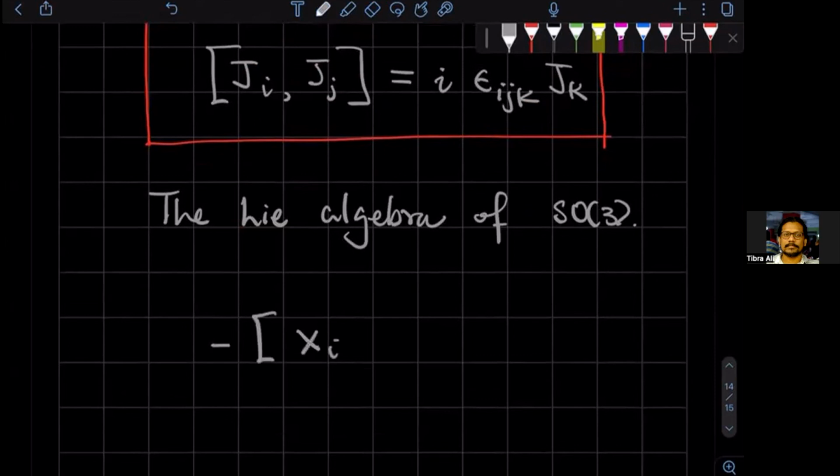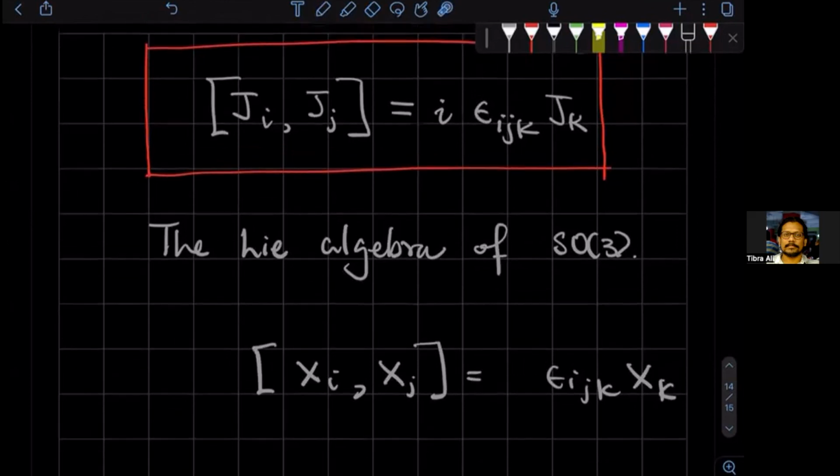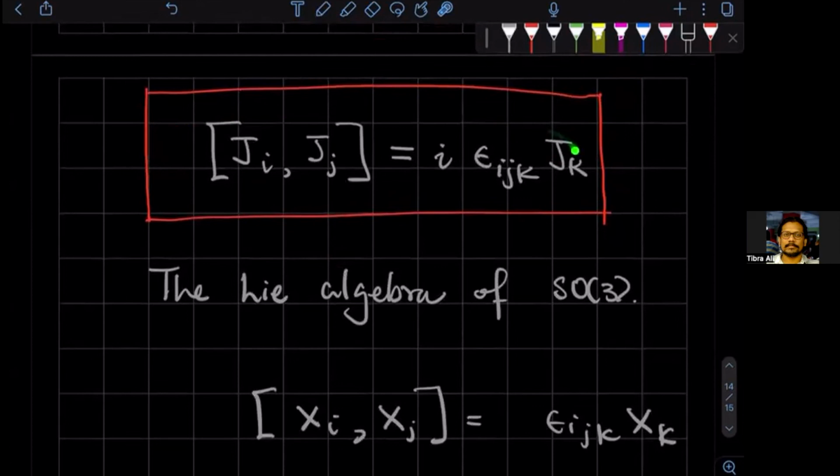Then you'll have the commutator of X_i and X_j is minus epsilon ijk X_k, right? Did I get that right? Yeah. And this is the mathematician version of this Lie algebra, right? So you can see that when we look at the Pauli matrices, they actually have this algebra.